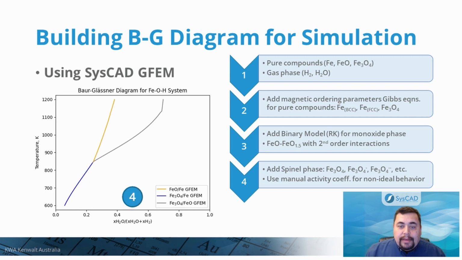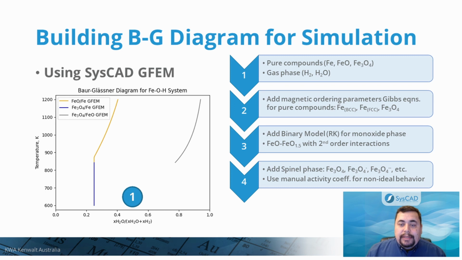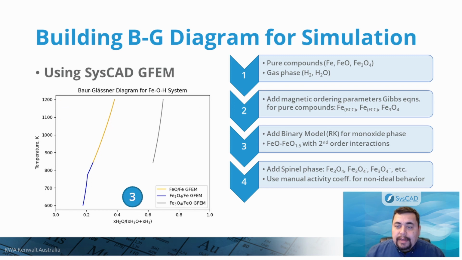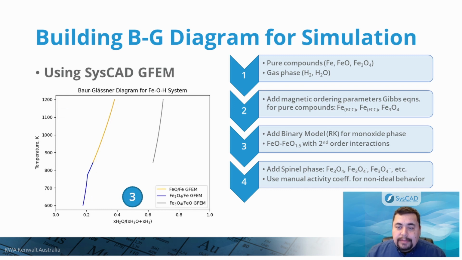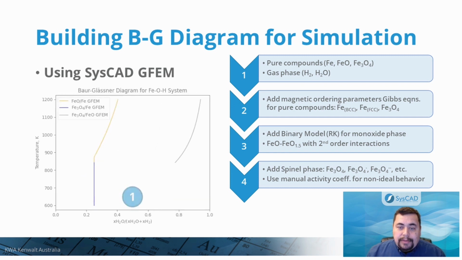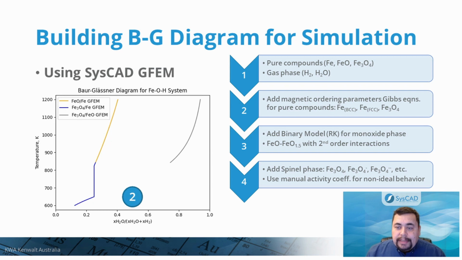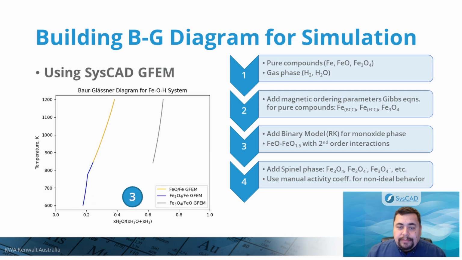However, within this temperature range, it is well known that iron is present in both BCC and FCC phases, with BCC having a strong magnetic ordering effect that contributes to the Gibbs energy. These magnetic effects are also present in the magnetite compound. Therefore, it was necessary to add this formulation to SysCAD's pure compound thermodynamic data. This improvement is reflected in diagram number 2 in this animation.